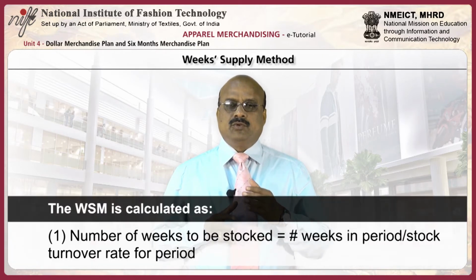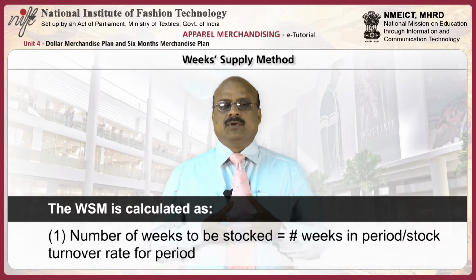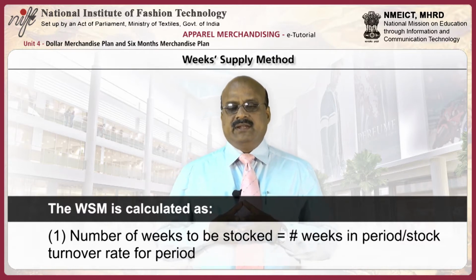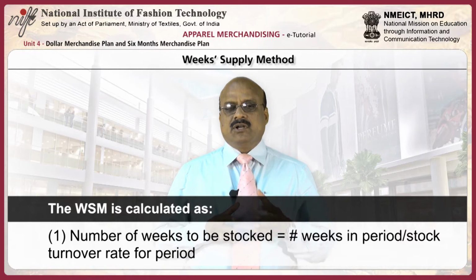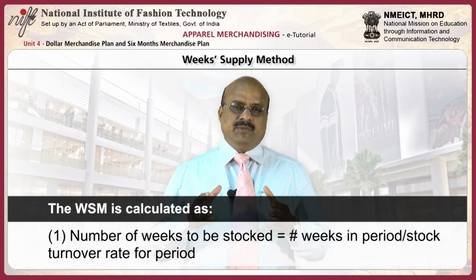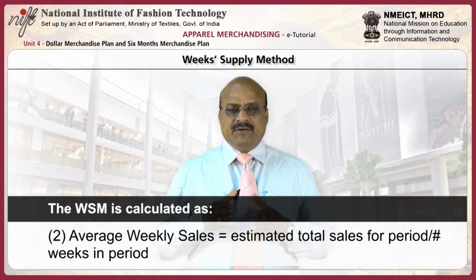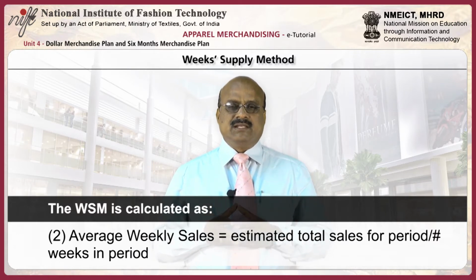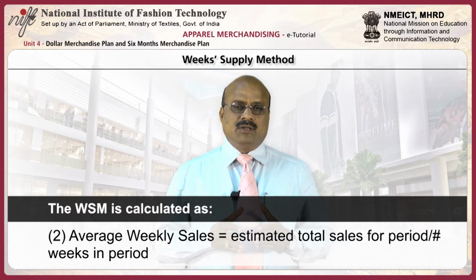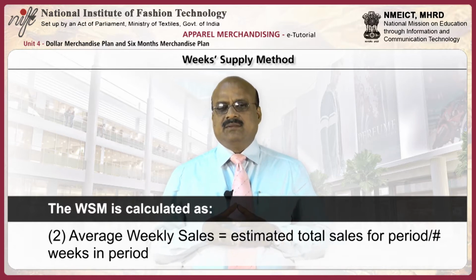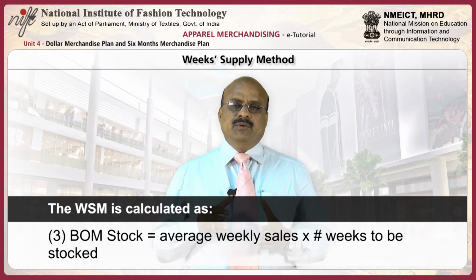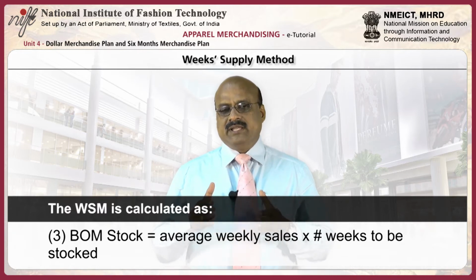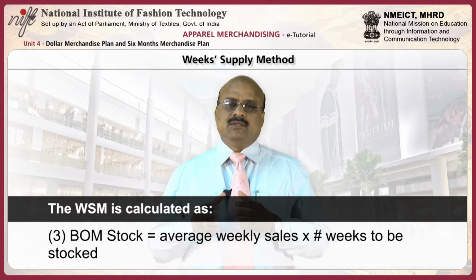Number of weeks to be stocked is equal to the weeks in period upon stock turnover rate for the period. Average weekly sales is equal to estimated total sales for the period upon number of weeks in period. B.O.M. stock is equal to average weekly sales multiplied by number of weeks to be stocked.